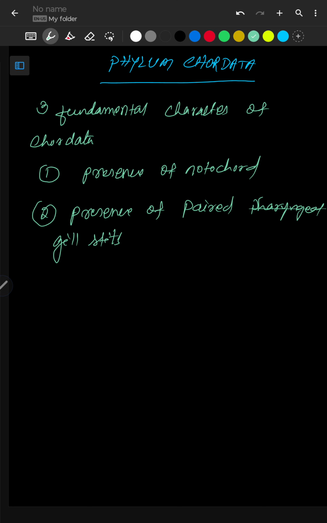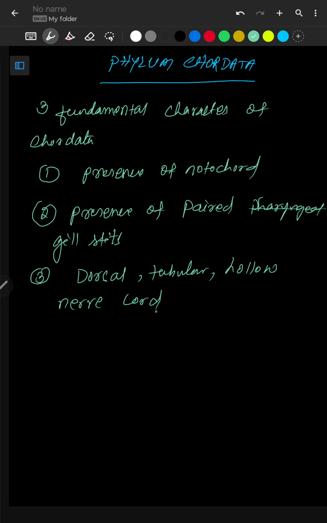Then number 3 is the presence of a dorsal, tubular, hollow nerve cord. Okay, so these are the fundamental characters.